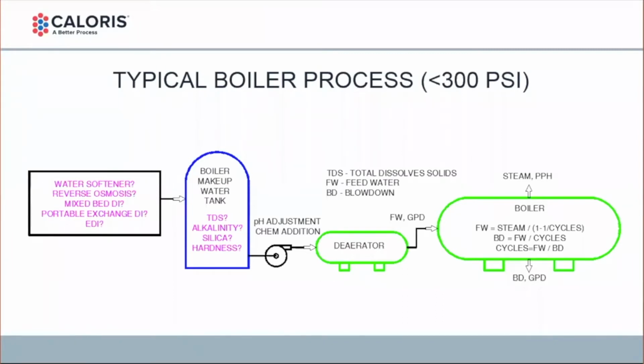What we're worried about on the boiler is the feed water and blow down, and most importantly what kind of cycles that boiler is doing. Cycles is just going to be the feed water divided by the blow down. And you can see there are some various formulas I have shown here to get that.